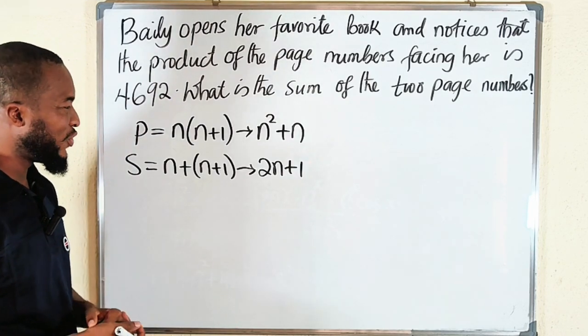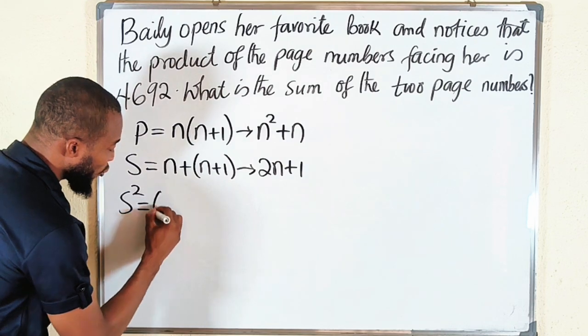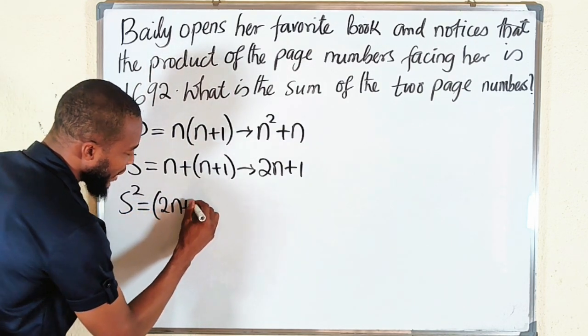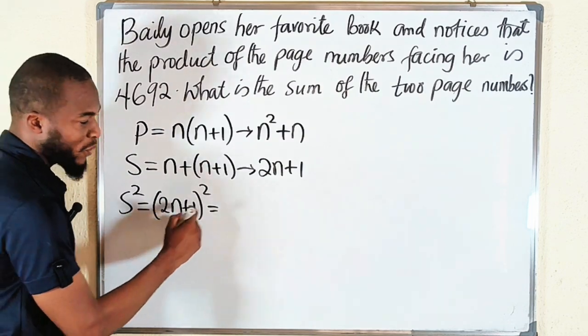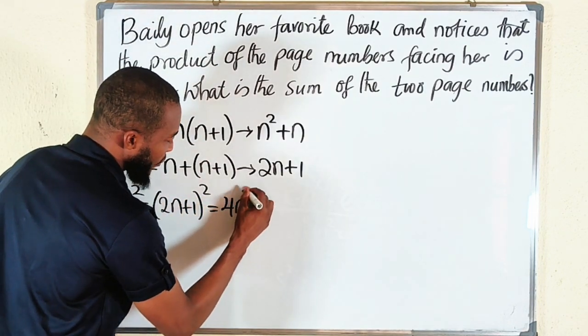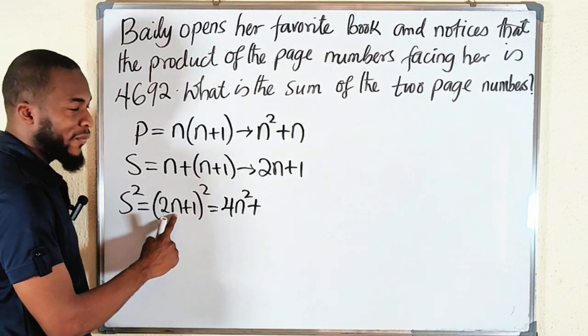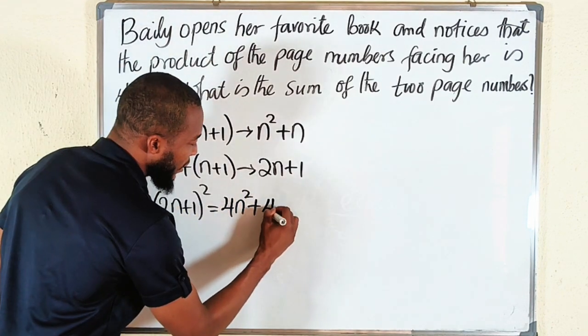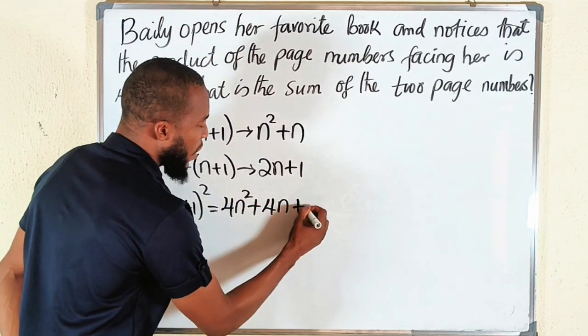Instead, let us play a logic here. Take s, square that, which is the same thing as squaring what? 2n plus 1. Yes. And if you expand this, you're going to get the first term squared, which is going to give us 4n squared, plus 2 times 2n is 4n, times 1 is still 4n. Remember binomial expansion. Then 1 squared is 1.